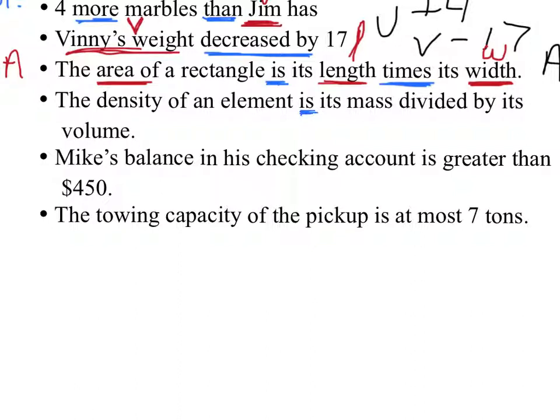The things I don't know here are the density, which we'll call D. My D looked like a P there, that's a D. And the mass, which I'm going to call M, and the volume, which I'll call V. I need to recognize my operation, which is "divided by."